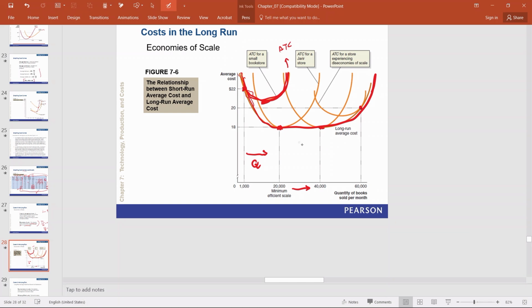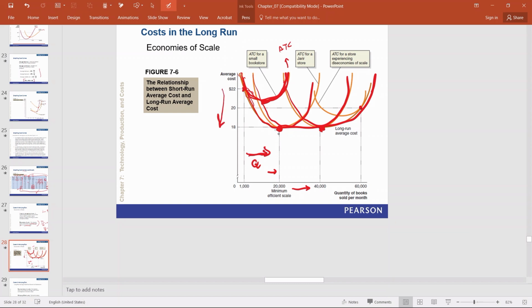This is also true if the market has many companies with different scales. These are big companies, and these are bigger companies. Bigger companies will have lower minimum costs because of higher production, so this cost decreases as quantity increases.